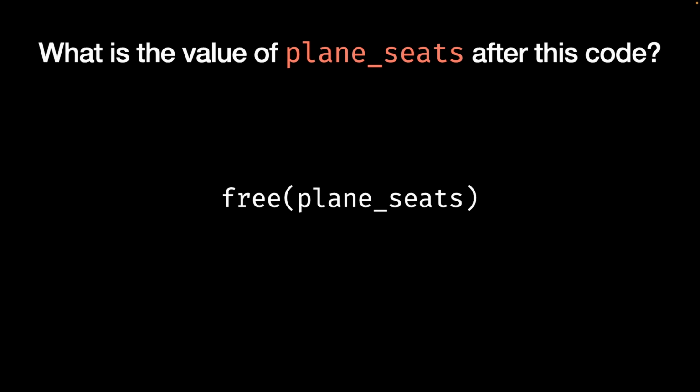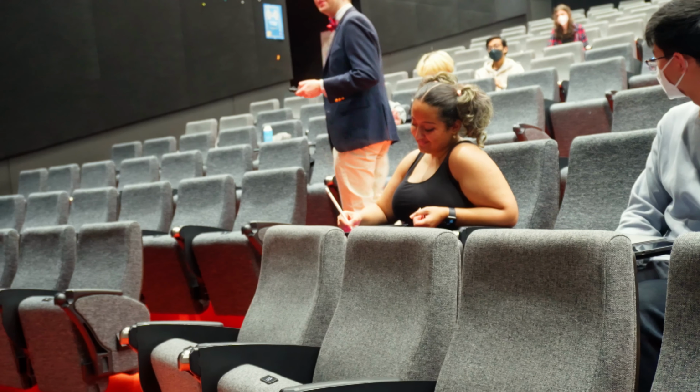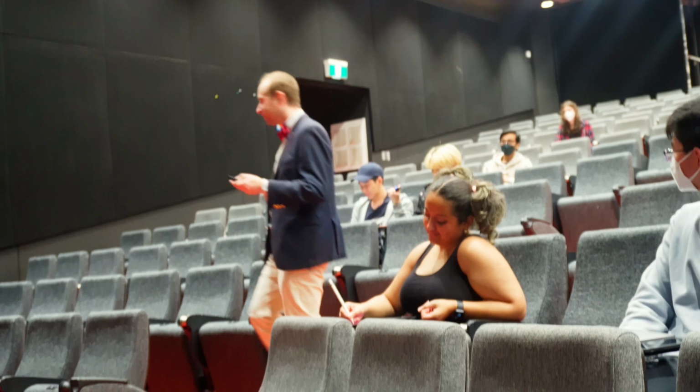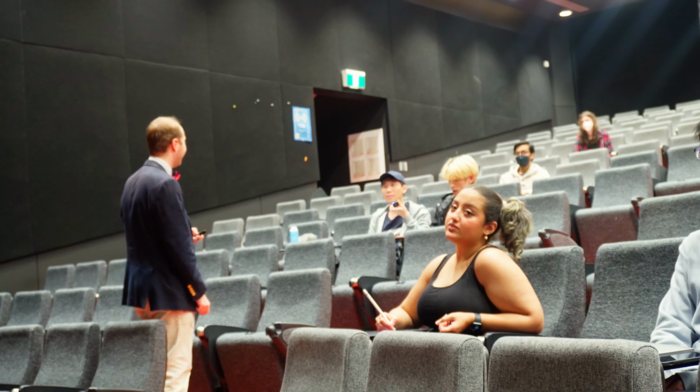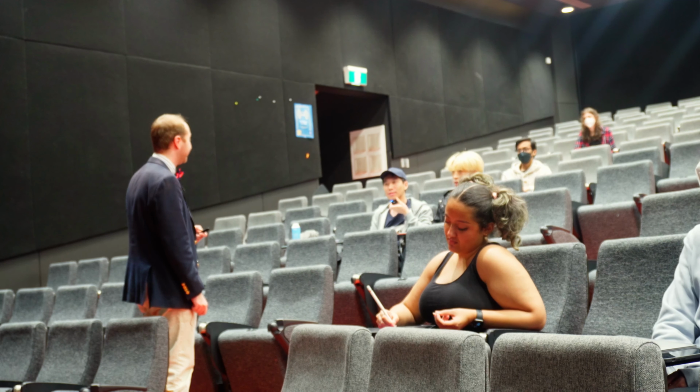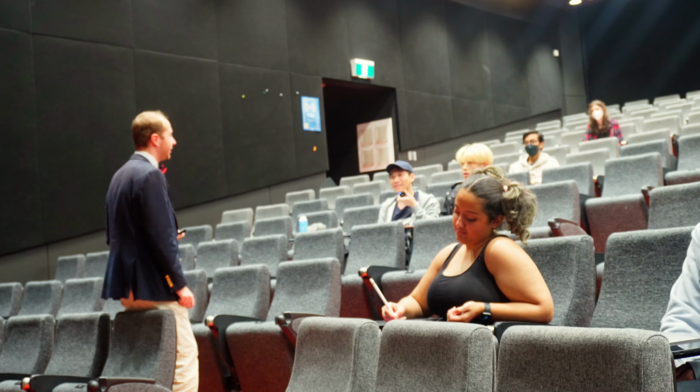And Boxiang, you can do this one again for us, because you so graciously answered the last one. So the last time, the answer was the memory address that we got for plain seats. What is it now after we run free? No address? Why might it still be the same address?